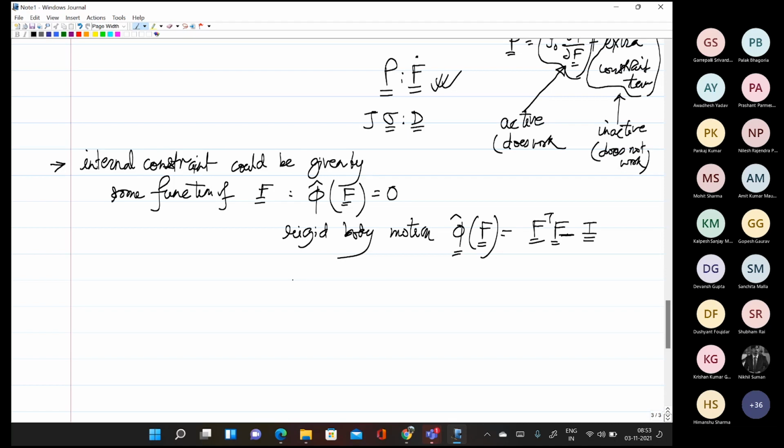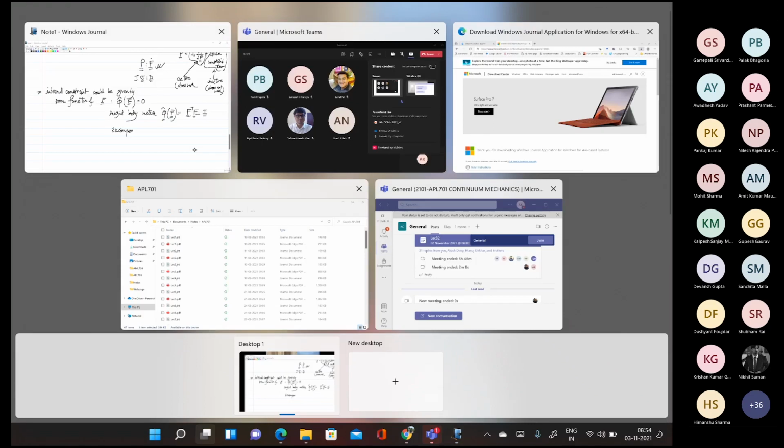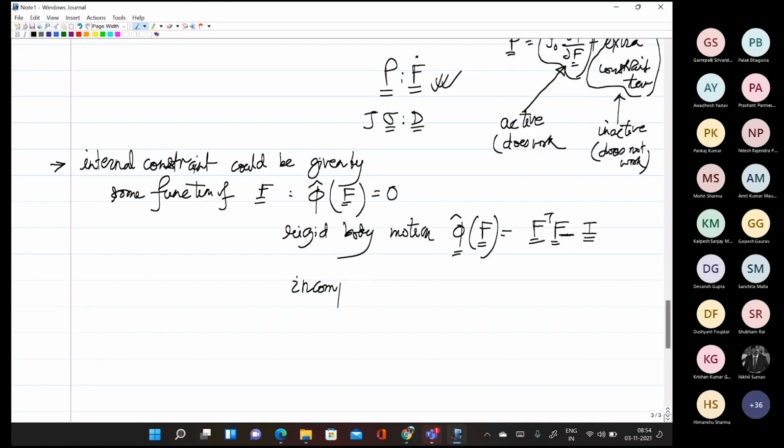Then if you talk of incompressible motion, in that case, you will have a scalar constraint phi of F, which will be equal to, the formula is det F minus 1, isn't it?